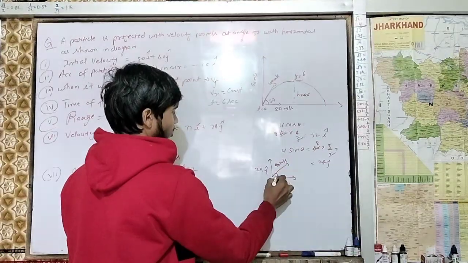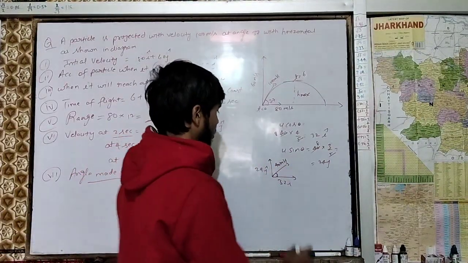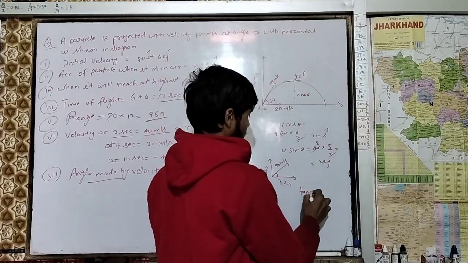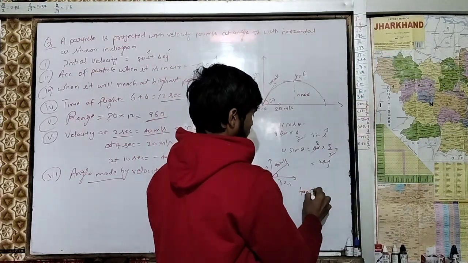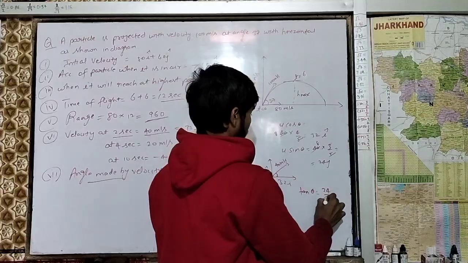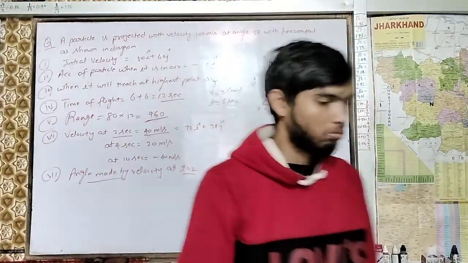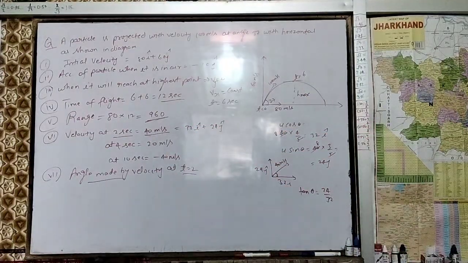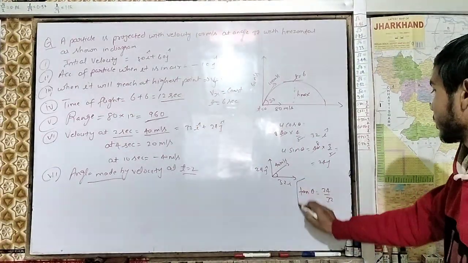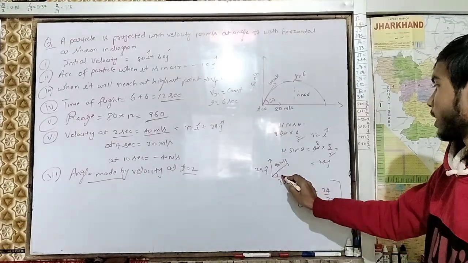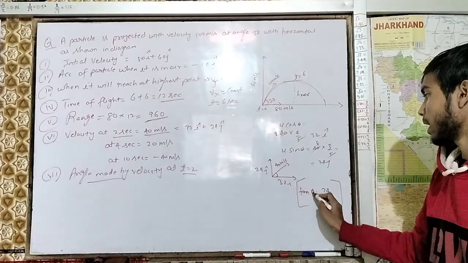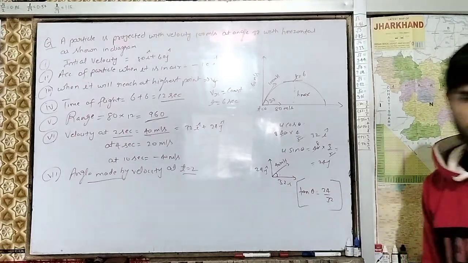It is talking about this angle. So we know tan theta is equal to 24 upon 32. After simplifying, this will be your angle, which is nothing but this part of rotation.